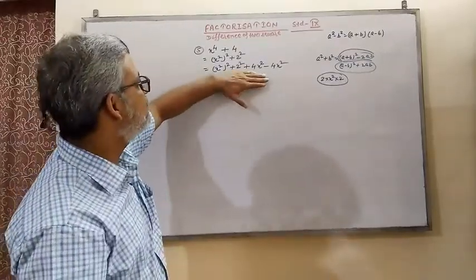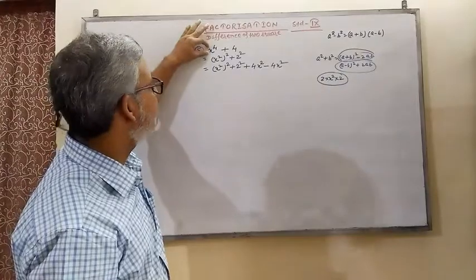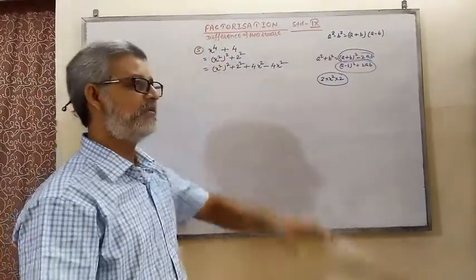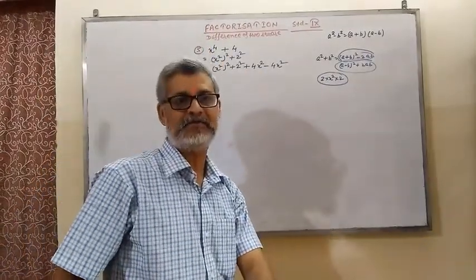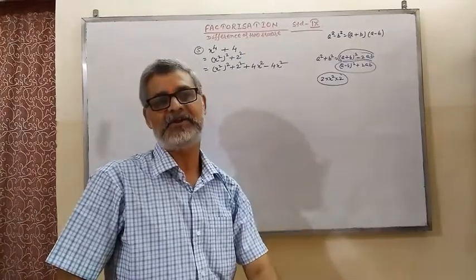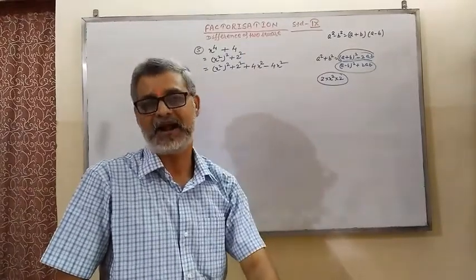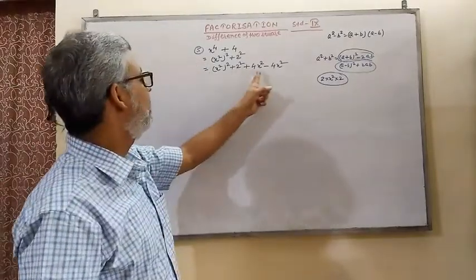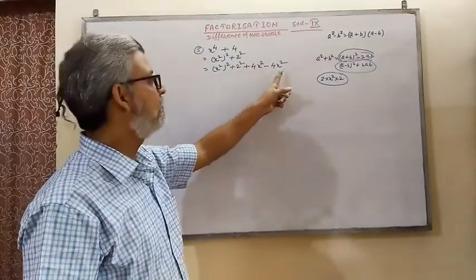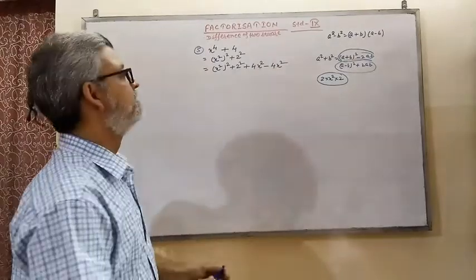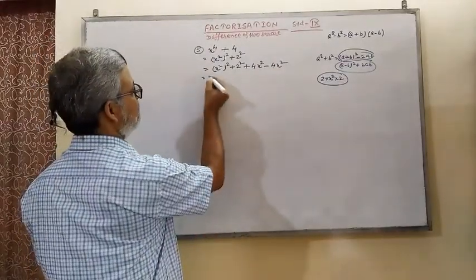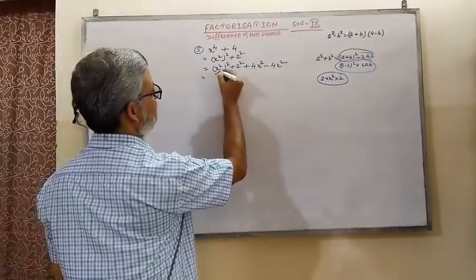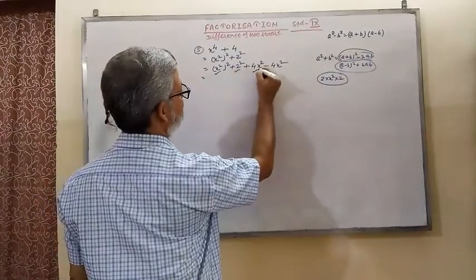So there is no change in the original form of the question. In any algebraic expression, if we add something and subtract the same thing, the expression remains the same. So here 4x square is added and 4x square is subtracted. When we add 4x square, it becomes a square plus b square plus 2ab.